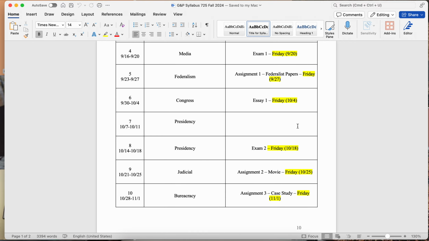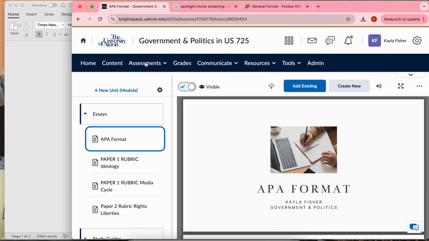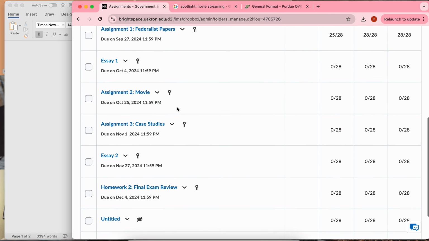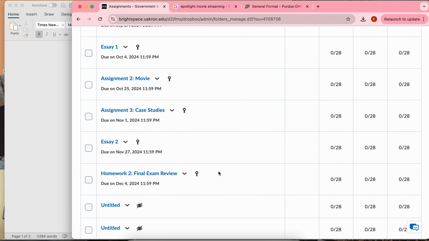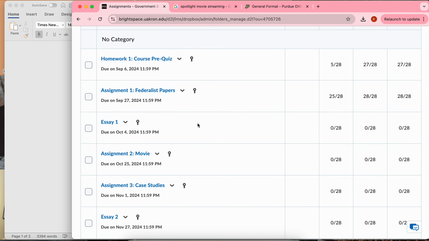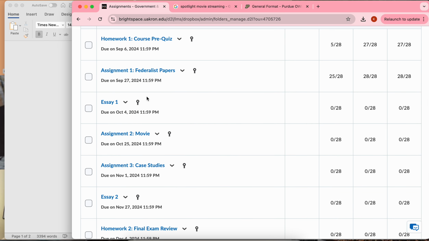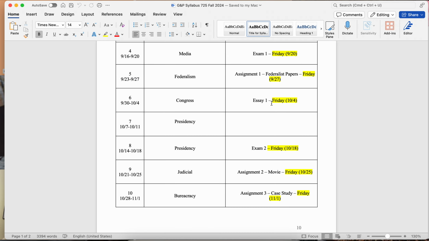I know it doesn't say that on Brightspace because the essay or the exams are opened by administrative, so it doesn't show up here under assignments. But essay 1 is due this Friday, and then in 2 weeks, you'll have exam 2, and then you'll also have your movie the week after that.